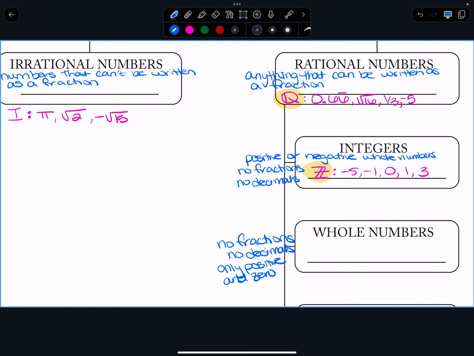So you can use a W, even though I don't like it. So 0, 1, 2, 3, 4. Whole numbers include 0. Natural numbers don't have 0. That's the only difference.